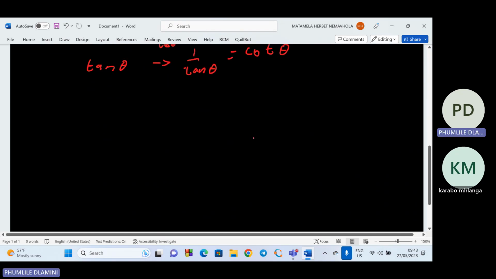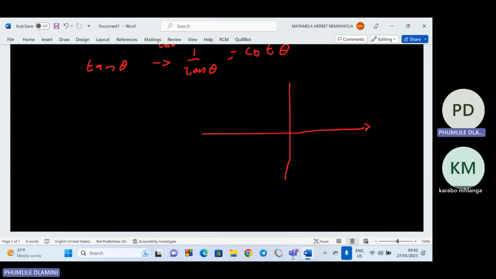So now we have spoken about the reciprocals. Now we are going to go to the Cartesian plane, where we draw a line like this, x and y. Now we are moving to the identities, whereby we are going to work with angles. So we have something called CAST.